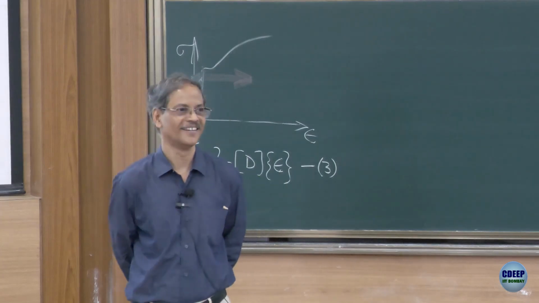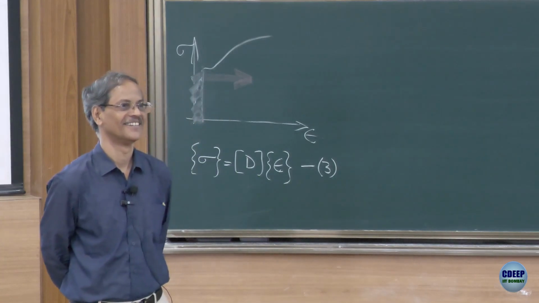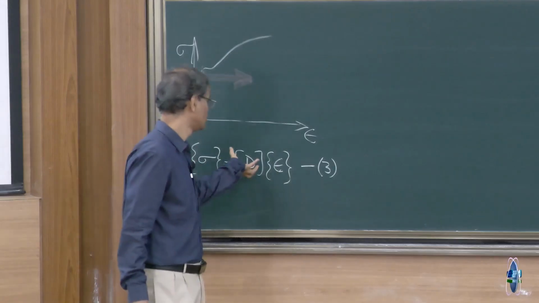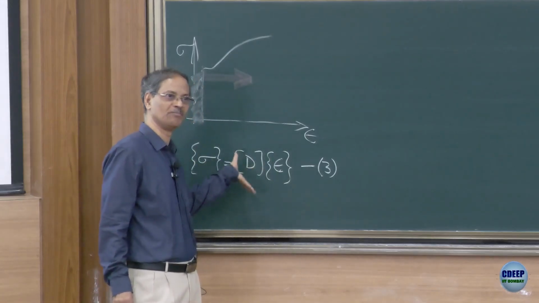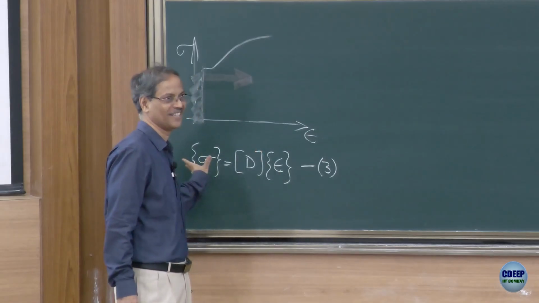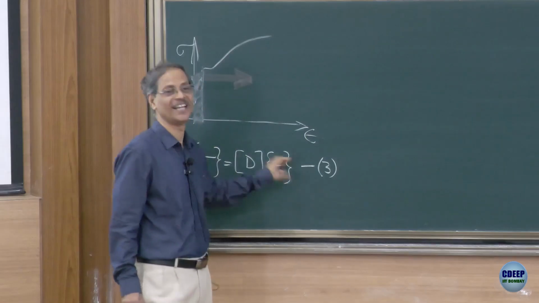A strain is there, a stress is there, because D is Young's modulus, Poisson's ratio, so some constants are given. So, a given strain is there means stress has to be there, or a stress is there means strain has to be there.